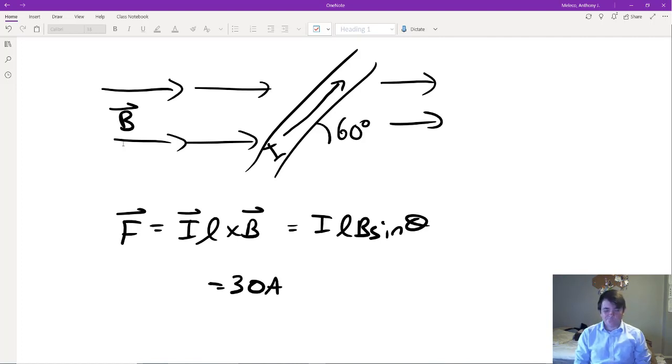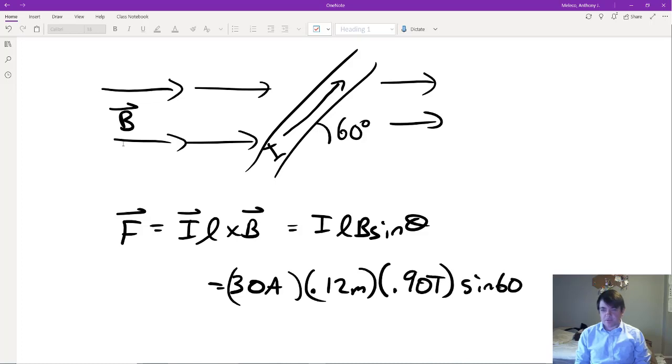So they told us 30 amps for the current, L. They told us 12 centimeters, so that would be 0.12 meters. Make sure you use centimeters or meters consistently for everything. So it's amps, meters, Tesla, coulombs, all of that. 0.90 Tesla was the field, and then it was sine 60 degrees, which is 1/2.